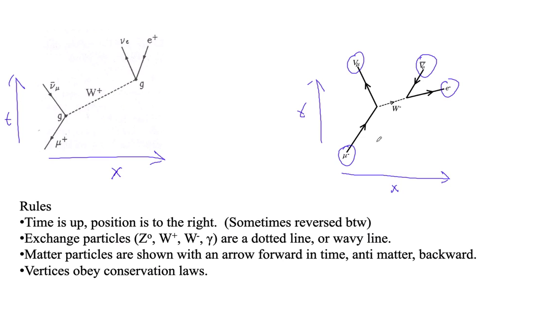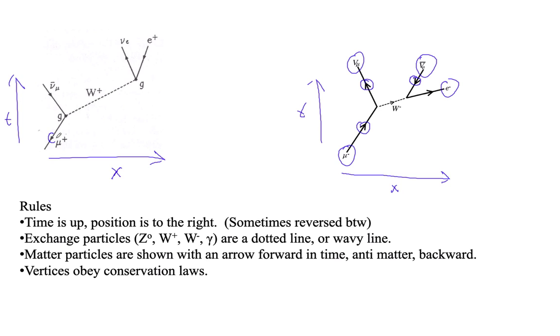Notice that this is a matter particle, so it goes forward in time. The anti-electron neutrino is shown going backwards in time. All these things, of course, move forward in time. Here is an anti-muon decay.